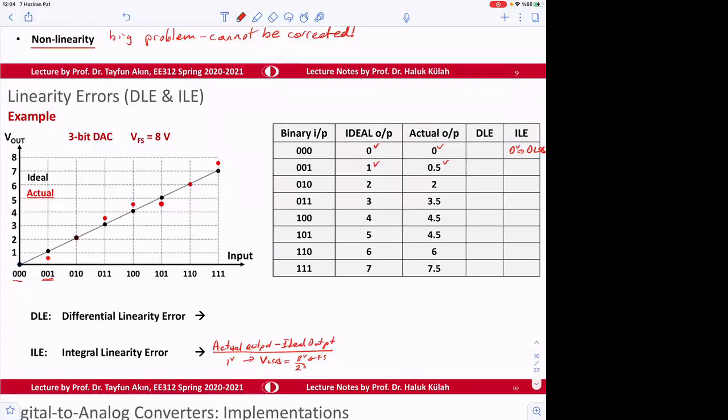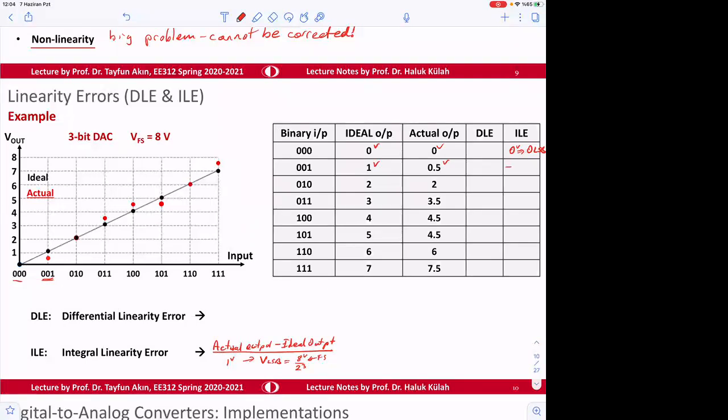So the integral linearity error is going to be actual minus ideal.